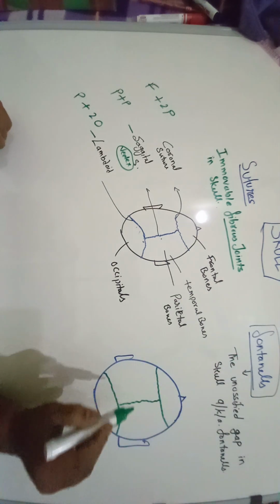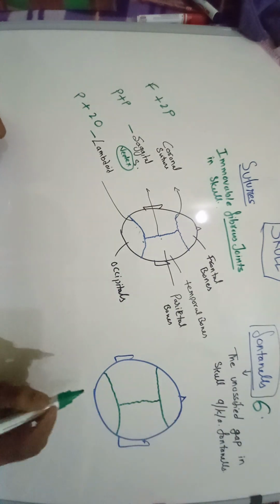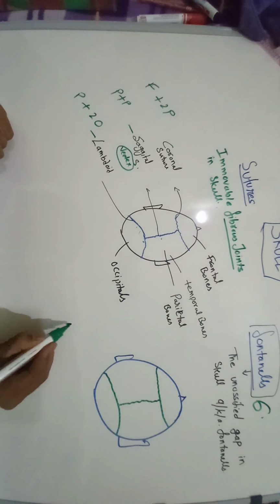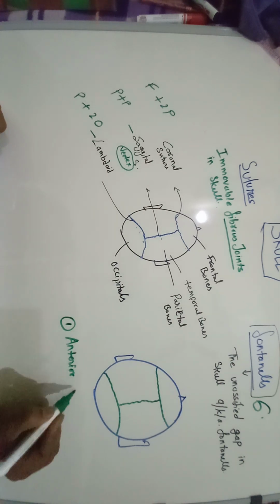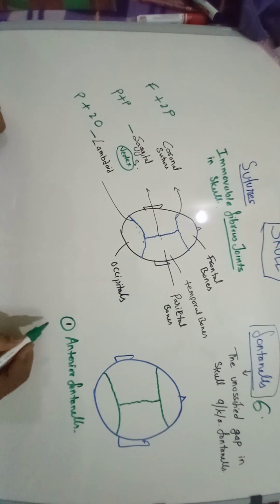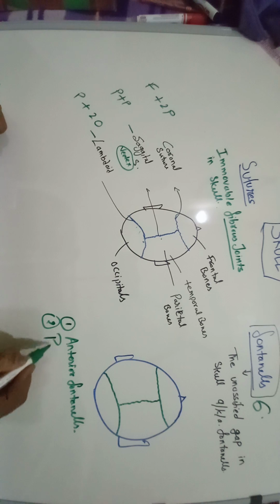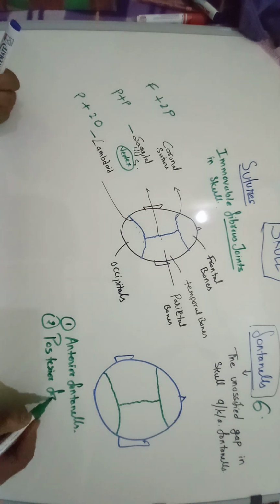There are 6 fontanels. First one is the anterior fontanel. Second one is the posterior fontanel. Just write it. Then I will tell you where it is located and how they open and how they close.